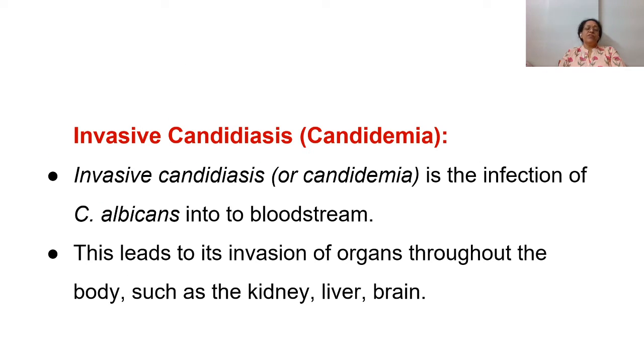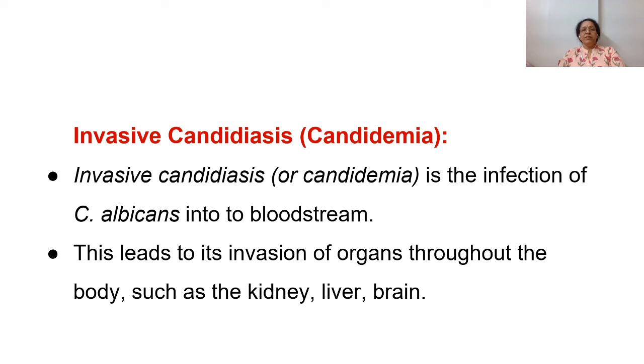Then there is one more possibility of an infection by Candida, that is invasive candidiasis, that is, entry of Candida in the bloodstream. So it is also called candidemia. Now here invasive candidiasis or candidemia is, as you know, infection of the bloodstream.